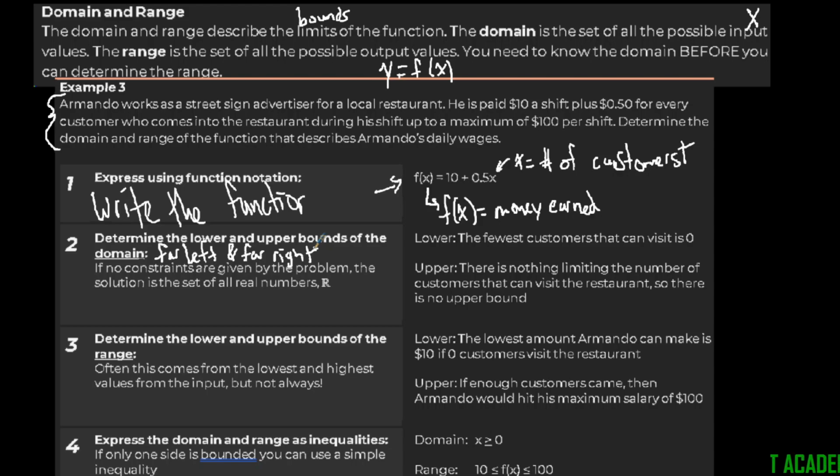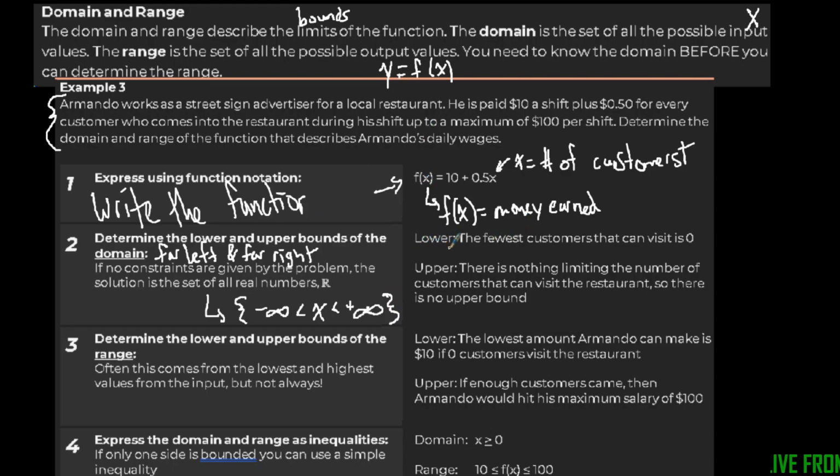But for our highest value, we would have to have a constraint because we can't make more than $100. It says if no constraints are given by the problem, the solution is the set of all real numbers. I can also say, with a little bracket, negative infinity less than x less than positive infinity. That's all it's talking about: any number from left to right.